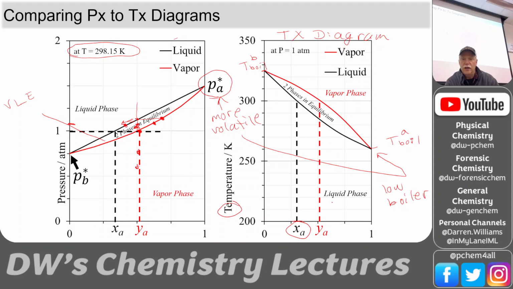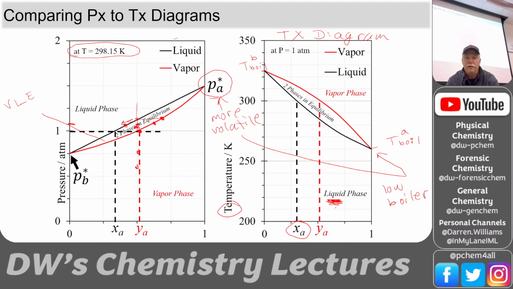And also at low temperature, we have the liquid. So they're reversed in the TX diagram. The bottom part of the graph is liquid, and the upper part of the graph is gas. Because if you raise the temperature, you're going to boil it all away and you have a hot gas. If you cool it down, you've got a cold liquid. And then here you have these two phases in equilibrium.